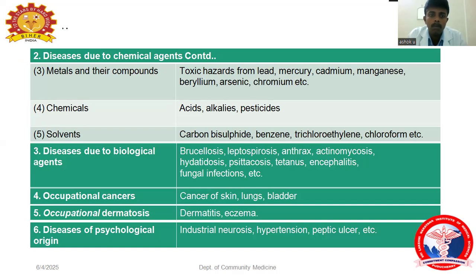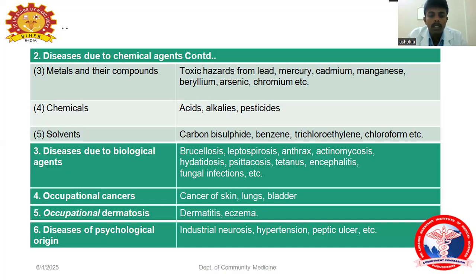Some of the metals and their compounds can also cause occupational health issues, such as if the person is exposed to metals such as lead, mercury, cadmium, manganese, beryllium, arsenic, and chromium, etc. And exposure to chemicals such as acids, alkalis, and pesticides can also cause some occupational health issues. And also exposure to solvents in industries such as carbon disulfide, benzene, dichloroethylene, chloroform, etc.